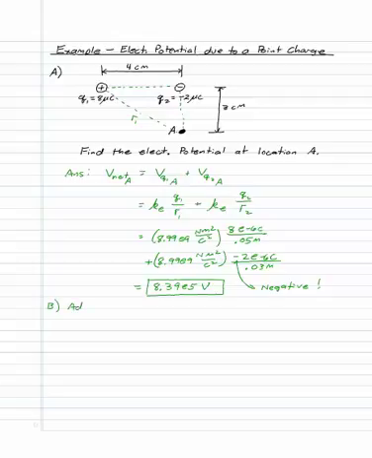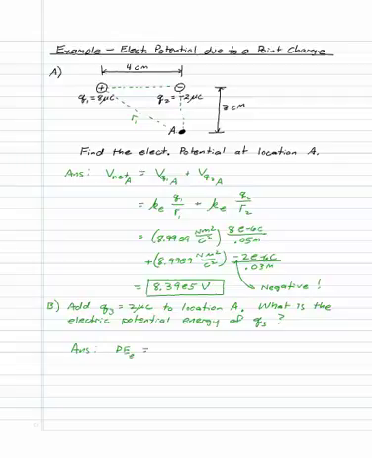And in part B, we're going to add or bring in a third charge, which is 2 microcoulombs, to location A. And the question is, what is the electric potential energy of Q3? All right, so to get that answer, I'm just going to use the electric potential energy equation. It's equal to the object charge, in this case Q3, times the electric potential at that point.